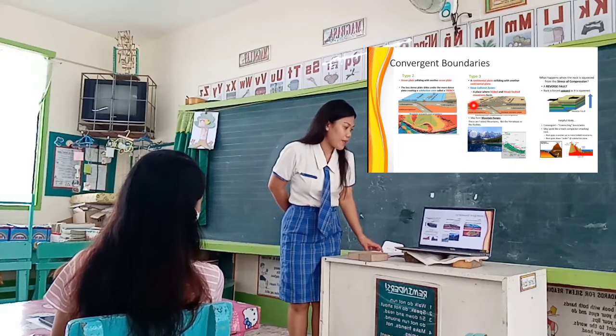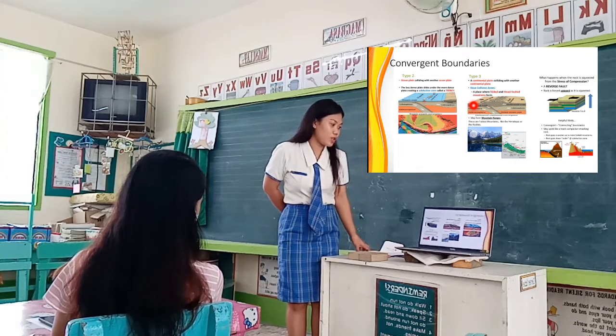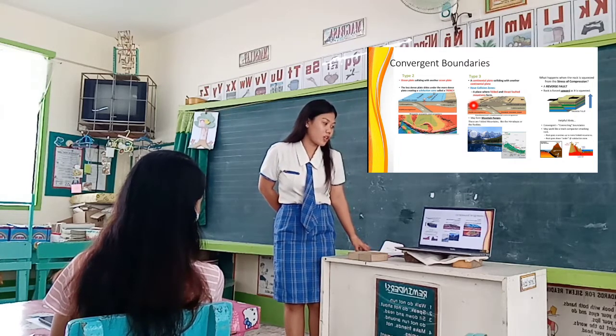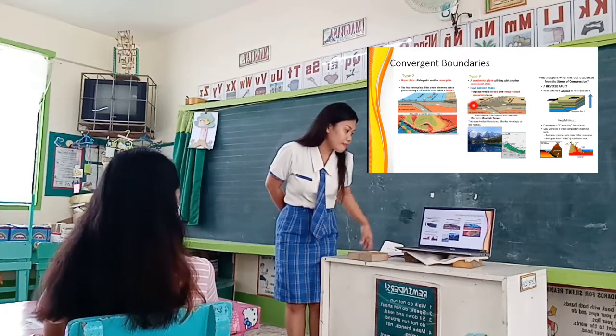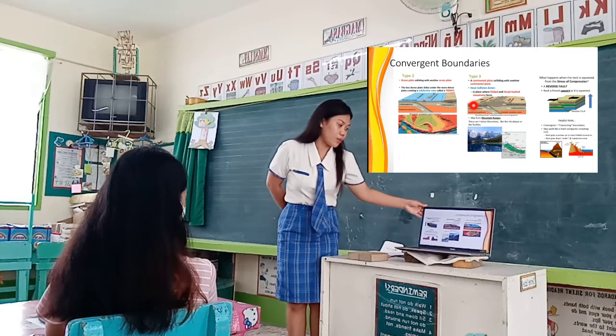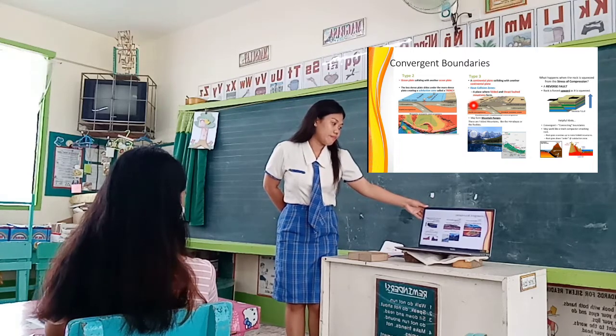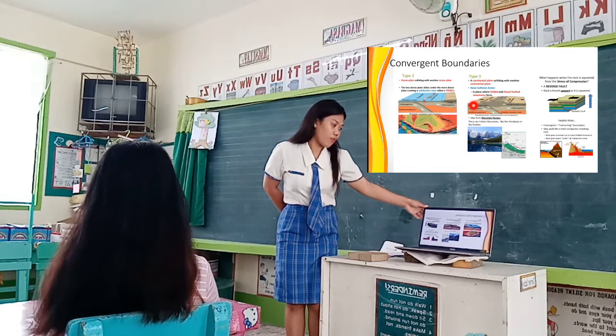So we have here the type 3, which is a continental plate colliding with another continental plate, and it will have a collision zone. So a place where folded and thrust-faulted mountains form.